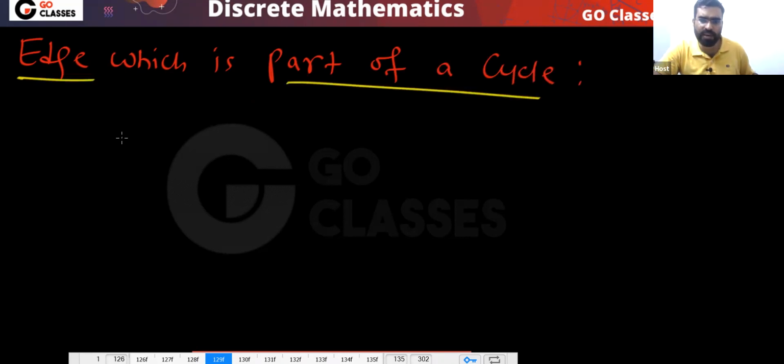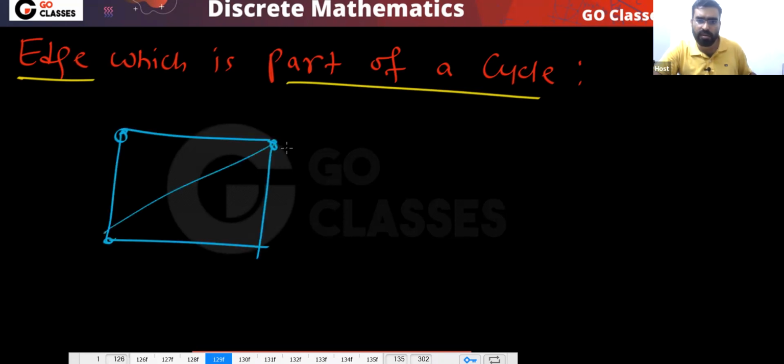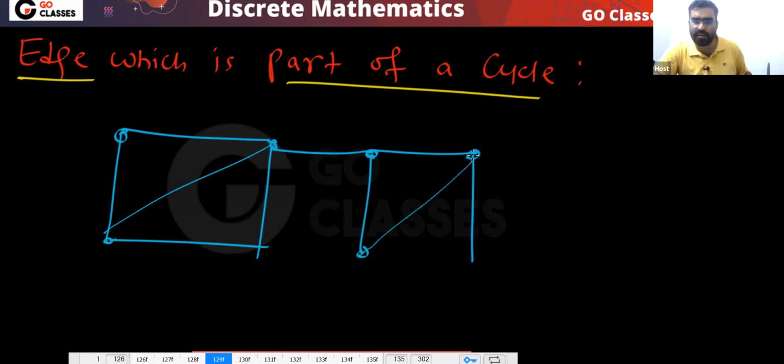For example, if I give you this graph, let's assume that this is your graph. In this graph, you tell me which edge is part of a cycle. These are the edges: 1, 2, 3, 4, 5, 6, 7, 8, 9, 10.